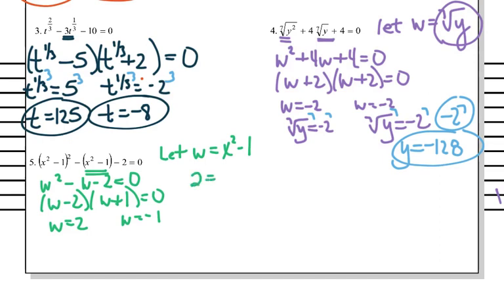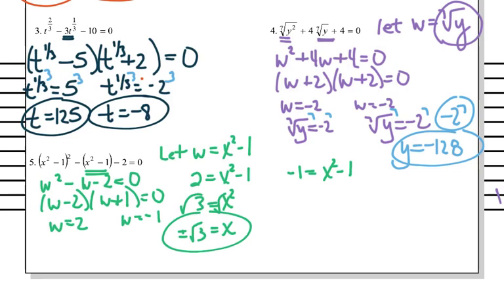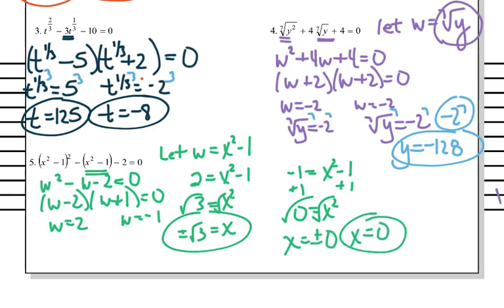So either 2 equals x squared minus 1 or negative 1 equals x squared minus 1. If I solve this one, I get x squared is 3, so x is going to be plus or minus root 3. If I add 1 to both sides here, I'm going to have x squared is 0, x is plus or minus 0, which is just really 0.